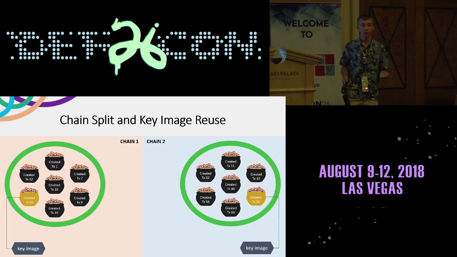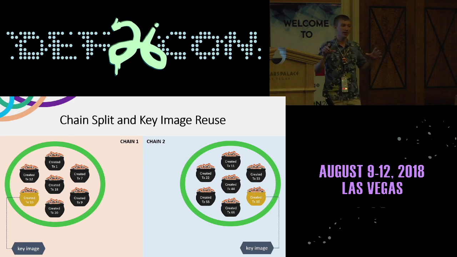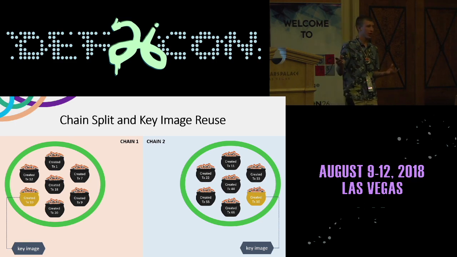Now what you could do is look to say, okay, well, I know that since it's the same key image, each transaction on both chains, if you made a transaction on each of these chains, would contain one output that was spent on both of these chains, because the key images are derived from these outputs. So as a result, you can check to see if there are any shared outputs among these different ring signatures.